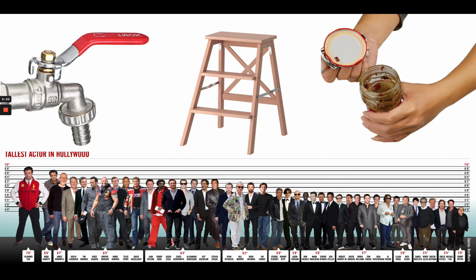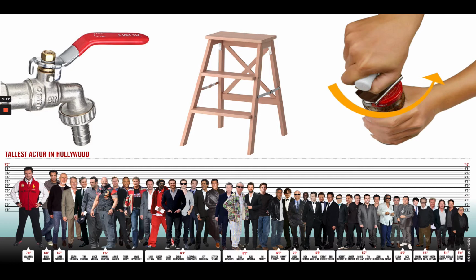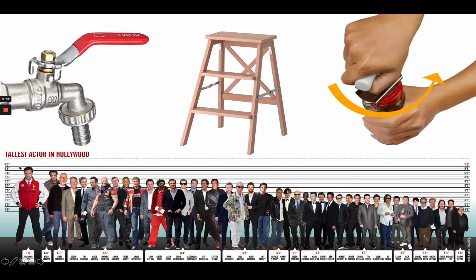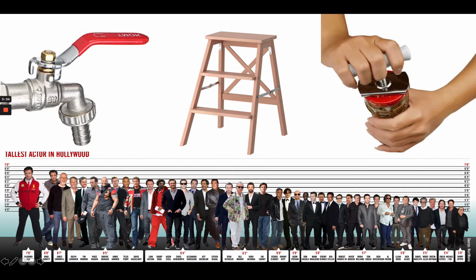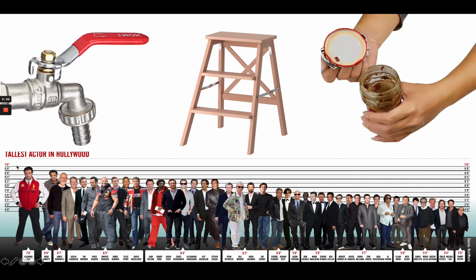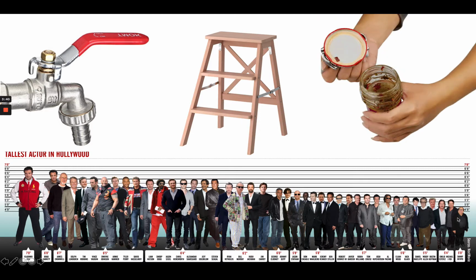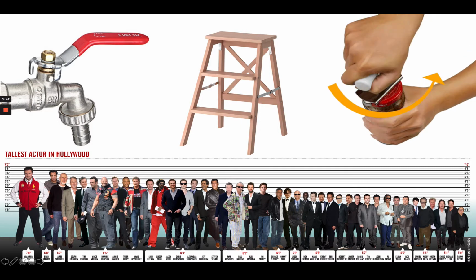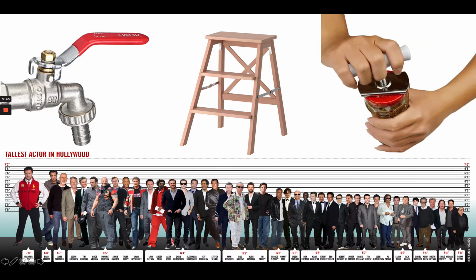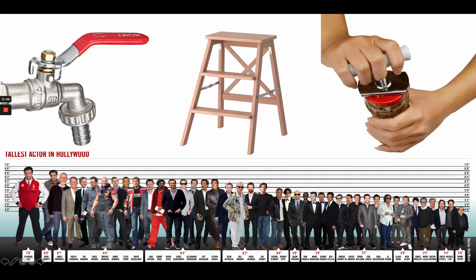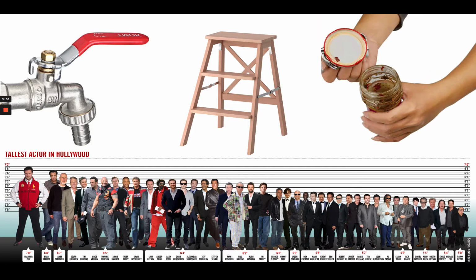Their height is different, maybe their hand size is different, etc. So you have to think about the percentiles. This guy here would be the 95th percentile. Not many people are that tall. This guy here is the 5th percentile. Not many people are that small. So generally when products are designed, they design it right in the middle so that it reaches the larger percentage of people who are at that average height.